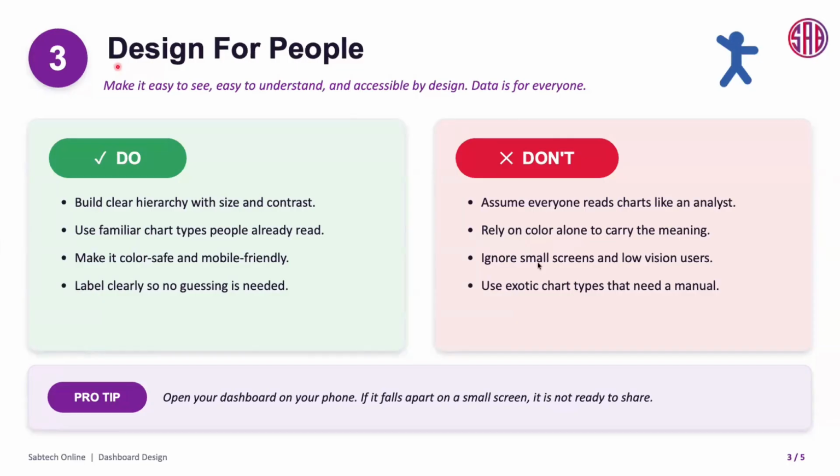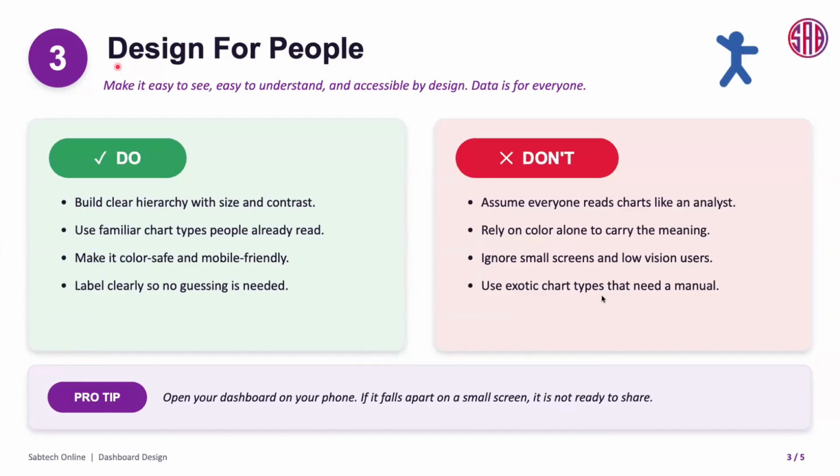So don't assume that everyone reads charts like you, an analyst. Don't rely on colors alone to carry the meaning. Like you see, we have made this red, but still we have gone ahead to put a don't, and we have also put an X, such that three things hit at once. You can't fail to take one and get the meaning.